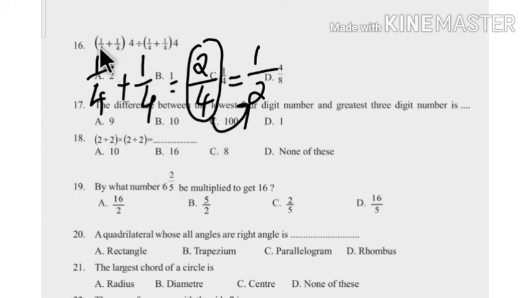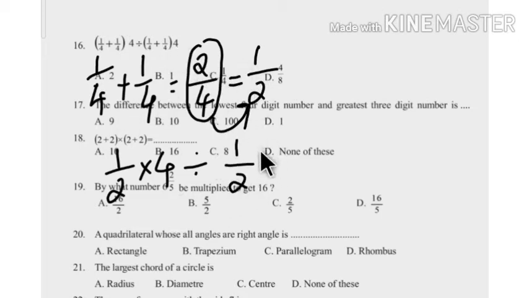Okay, so we got 1/4 + 1/4 is 1/2, so 1/2 × 4 divided by (1/4 + 1/4 is 1/2) × 4. 1/2 × 4 is equal to 4 by 2.